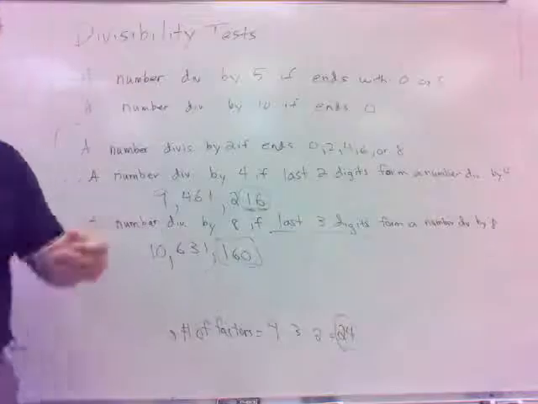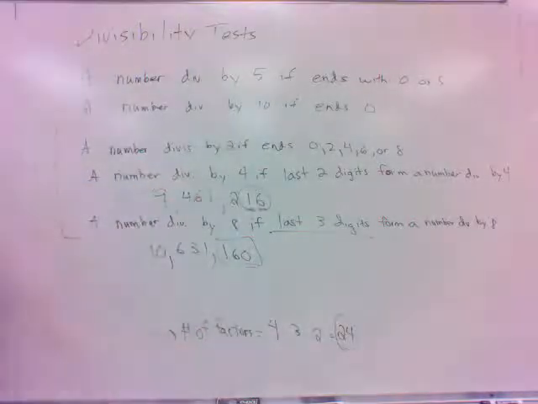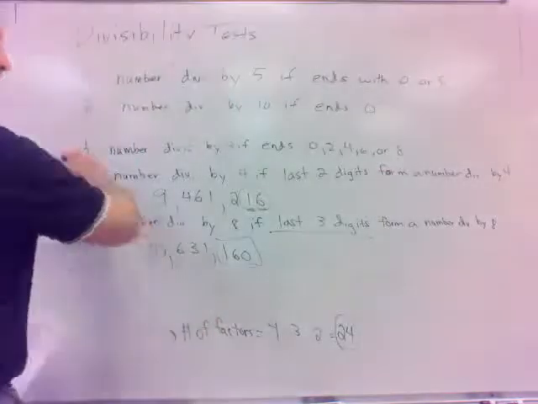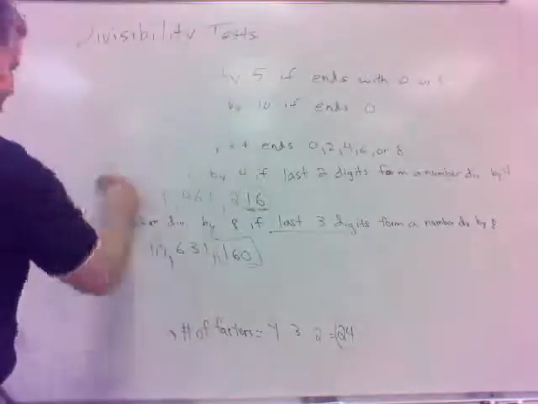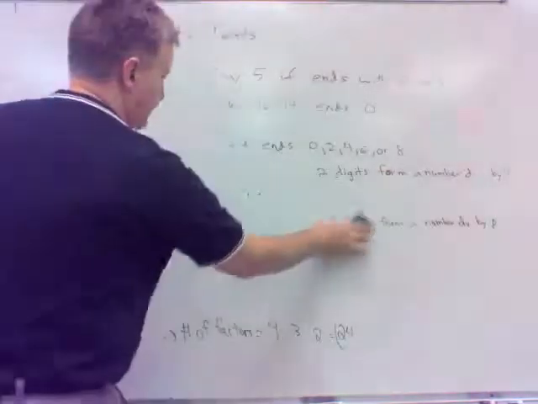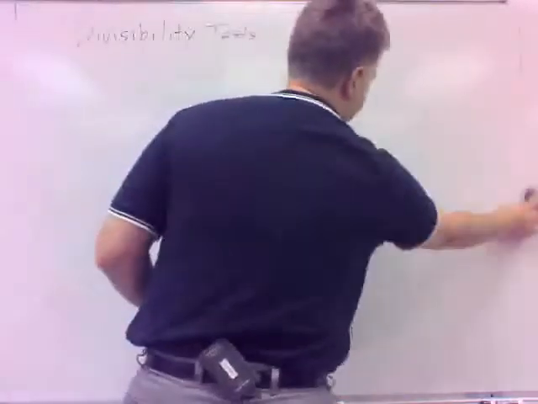Those are all powers of 2, and they all work similarly. You just look at one more extra digit for the higher numbers there. Okay? All right. Now I've got 3 and 9 grouped together. Numbers divisible by 3. Does anybody know that one? A number is divisible by 3 if what?